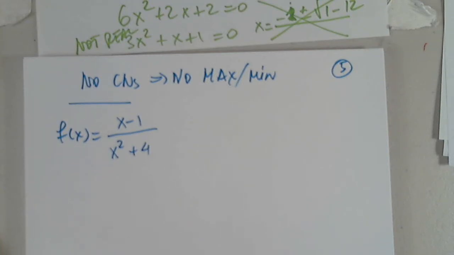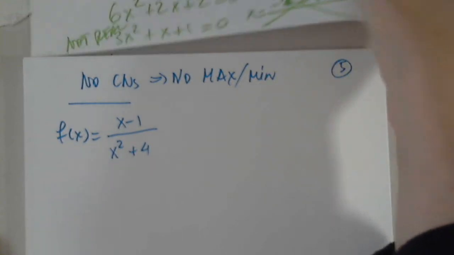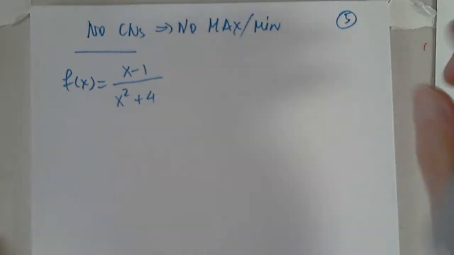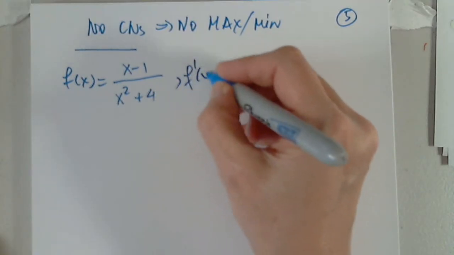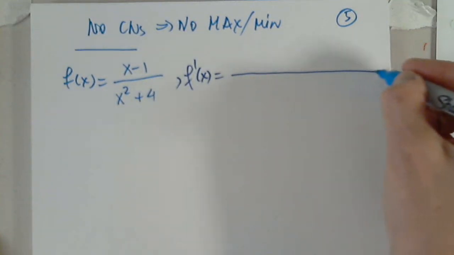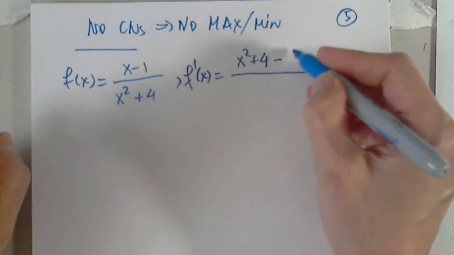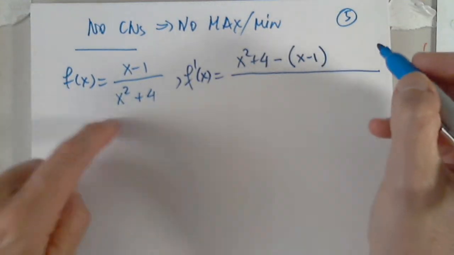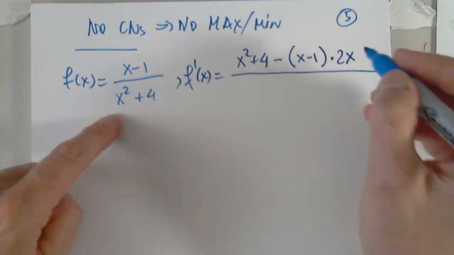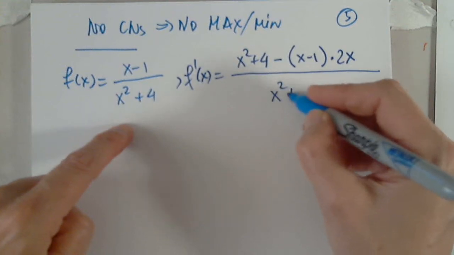So again, this function may have critical numbers coming from two possible sources. No matter what, I have to find f prime. So f prime of x: top prime is 1 times the denominator minus top times the denominator prime, over the denominator squared.